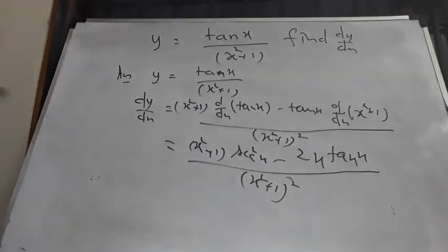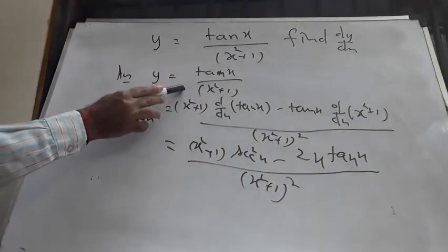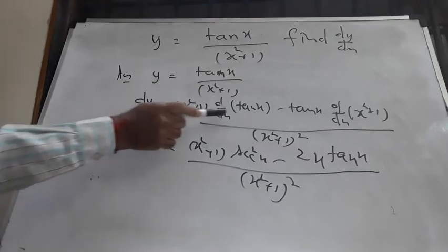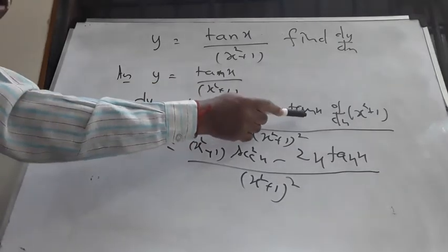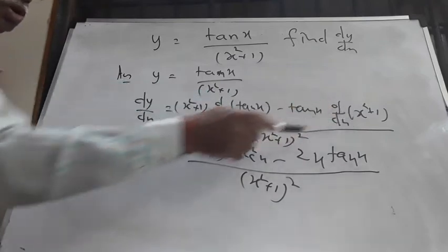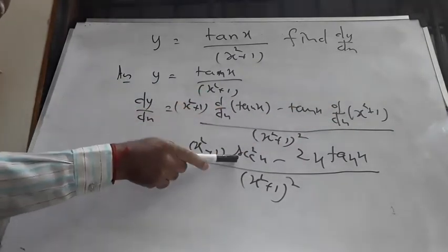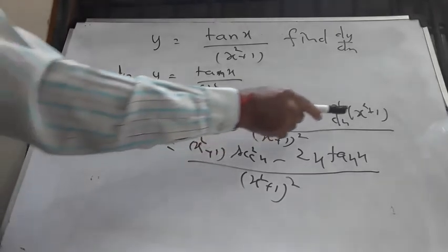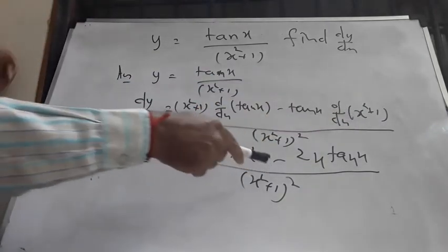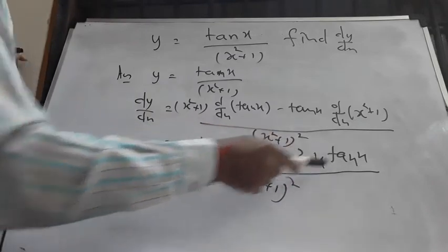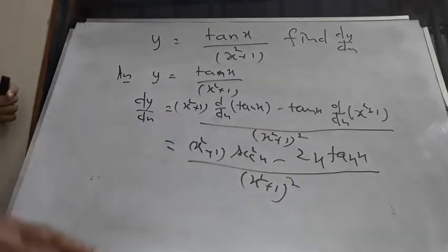Let me just repeat. Tan x by x square plus 1 is the question given to you. Denominator into derivative of numerator minus numerator into derivative of denominator, by square of denominator. Therefore, x square plus 1 into its derivative, which becomes secant square x, minus here the derivative 2x, I am writing it at the beginning, 2x tan x, divided by x square plus 1 the whole square.